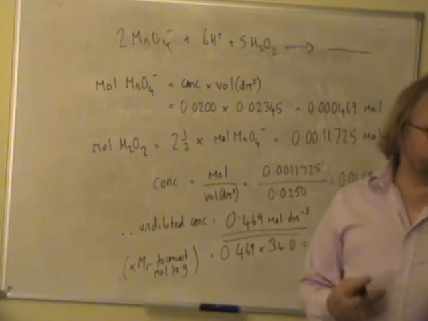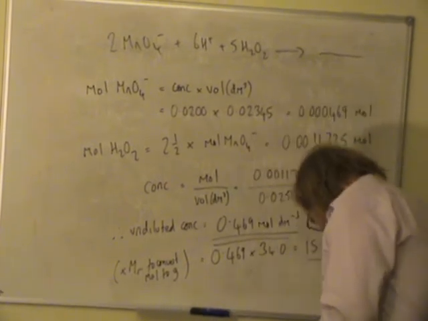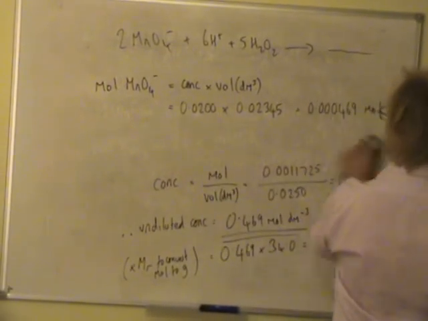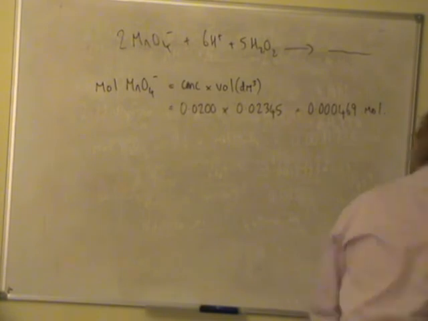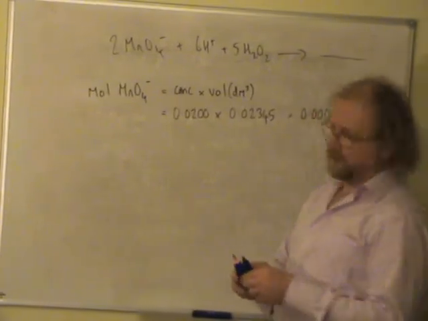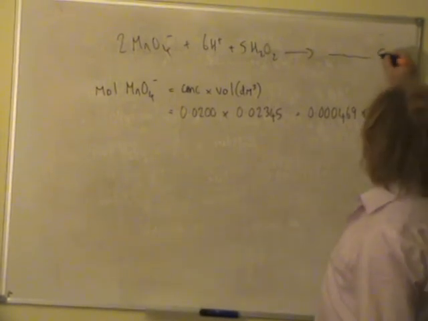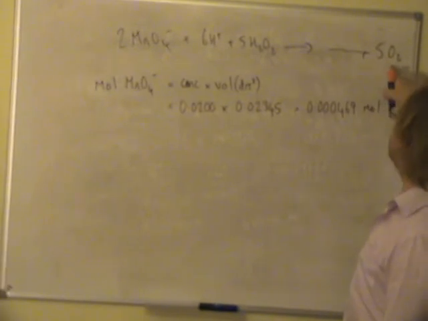It also asks us what volume of oxygen gas would be produced. So again, we start with the moles of MnO4 minus, so let's leave that on there. And from your equation, actually we need the other half of it now, which is that 5 O2 are produced from 2 moles of MnO4 minus.